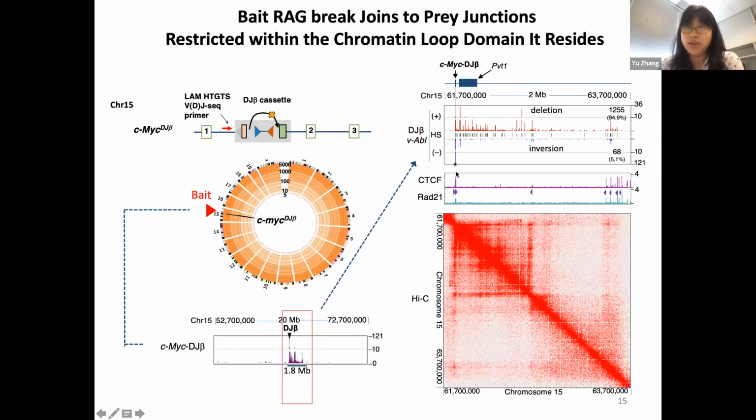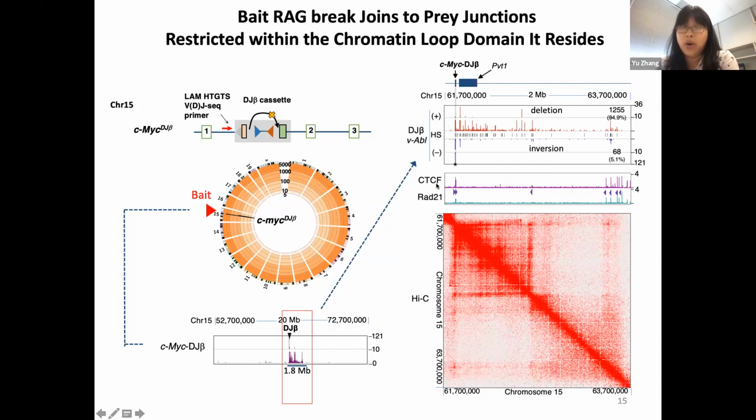So the beta is here, and the red peaks show the breaks that are joining initially to the bait break, and the blue lines here show the breaks joining processionally to the bait break. So the first impression you get from here would be that the initial joining is predominant compared with processional joining, right?